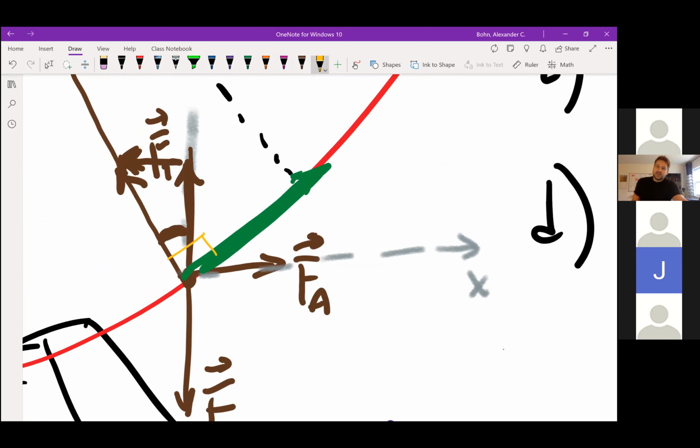The radius and the displacement are perpendicular because that's how circles work. But the x and the y axes are perpendicular.